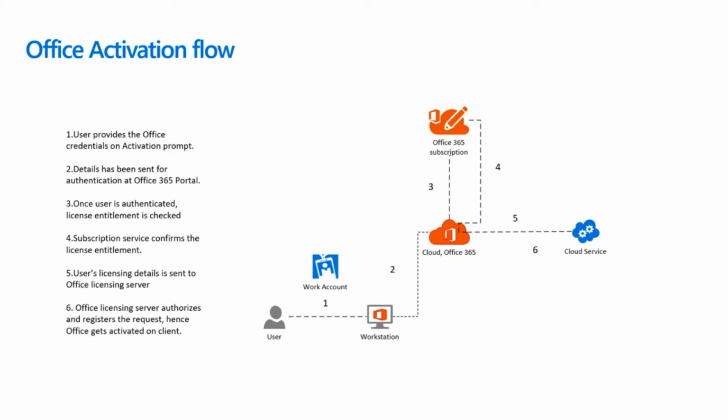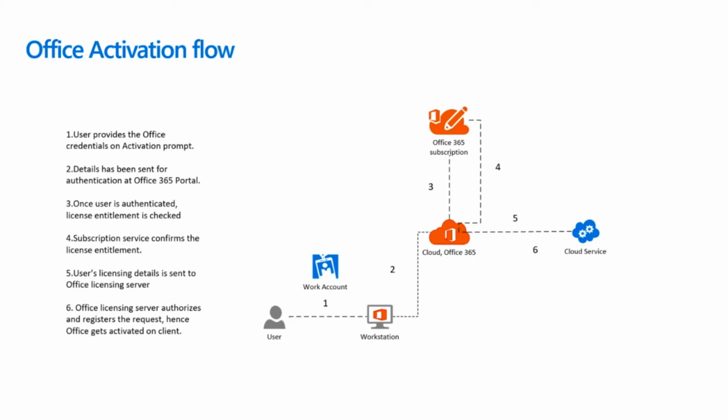And once the subscription service confirms this, the user's licensing details are sent to something called the Office Licensing Server. Now, because the client is a standalone thing, it will not be able to communicate directly. So the Office Licensing Server gives this information back to the client, telling it that the license entitlement check is done.